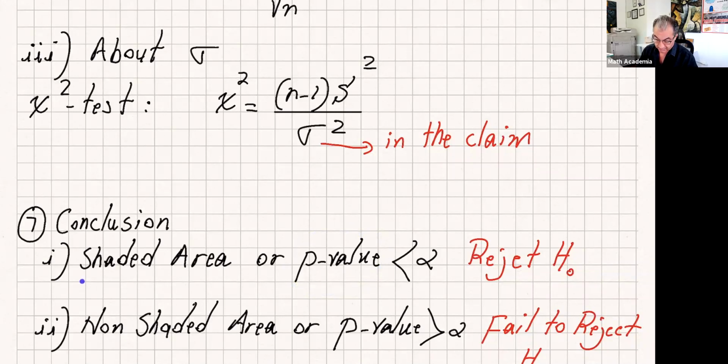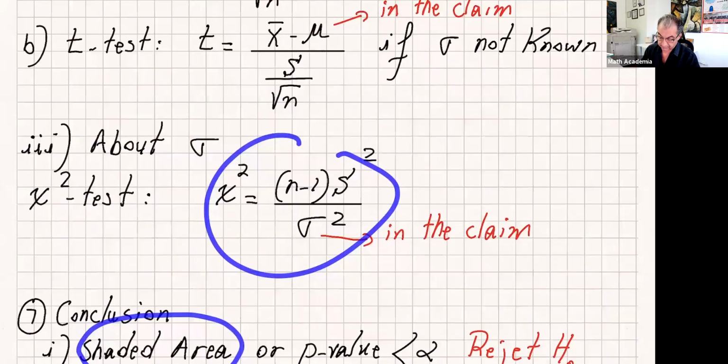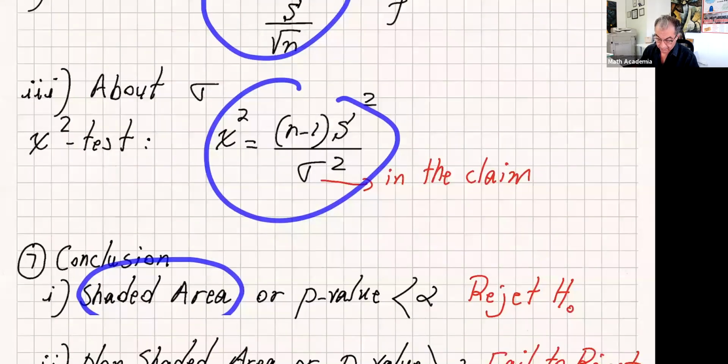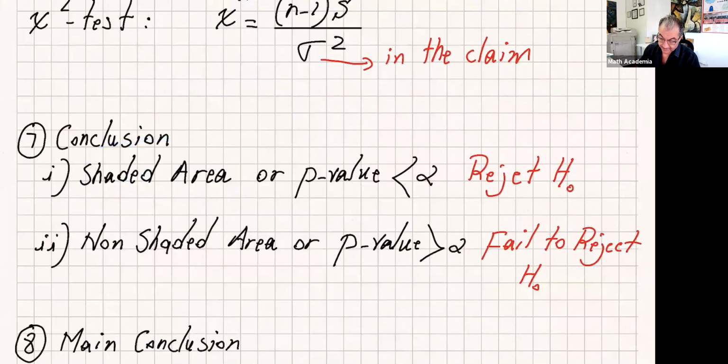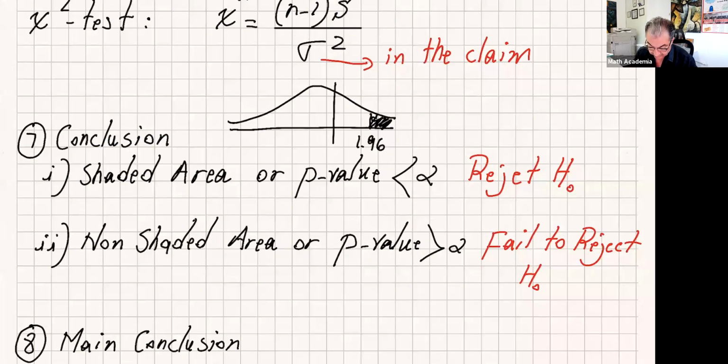But just remember, when you calculate the test statistics, any of those formulas, when it is in the shaded area, so for example, this is 1.96, that's the critical value, and this is the test statistics.